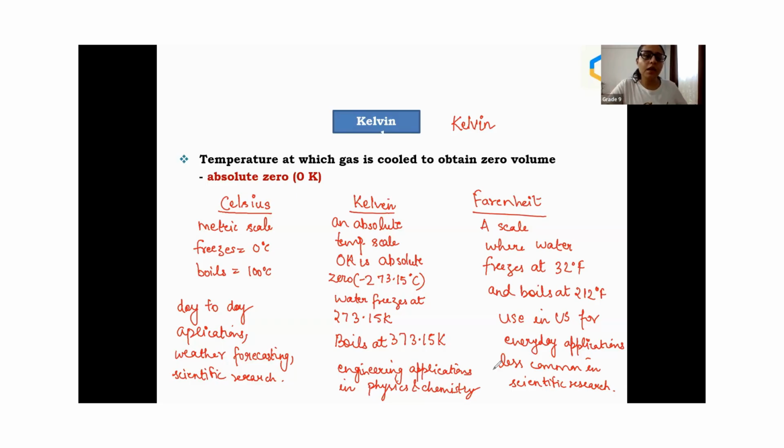Okay, so we will continue to do about the conversions. Done, everyone? If somebody is writing, okay, done. Okay, so first I have to erase this all.